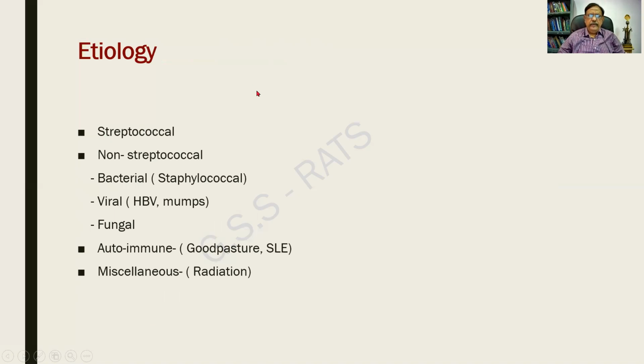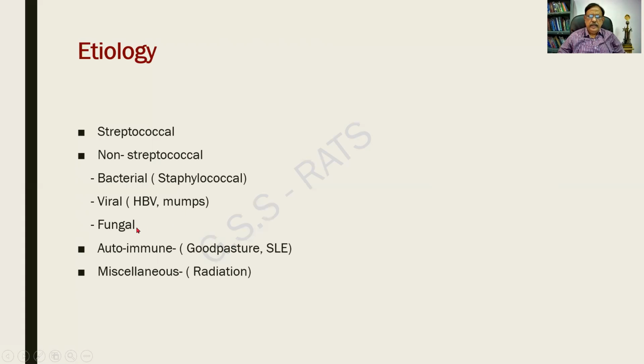The causes for it, mainly it is streptococcal. That is why it is called as post-streptococcal glomerulonephritis. But then there are non-streptococcal causes also. Bacterial, staphylococci can cause this. Viral, hepatitis B virus or mumps.